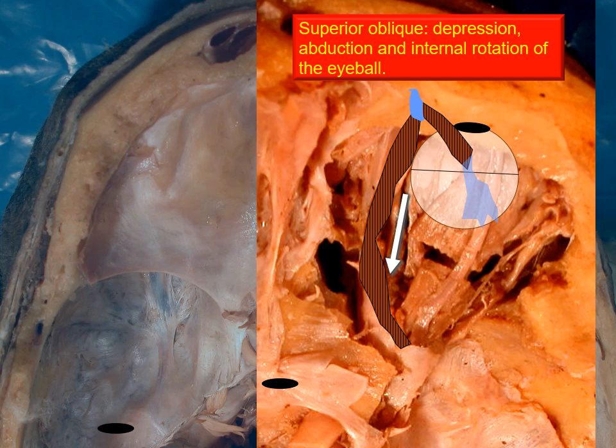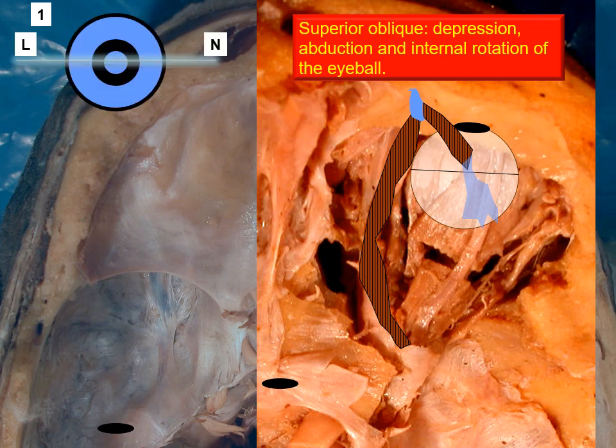seen in the next few slides. Now you see, this is a diagrammatic representation of the eyeball viewed from front. The right and the lateral and the nasal orientation is given. That means on the left is the temporal side, and the right is the nasal side.